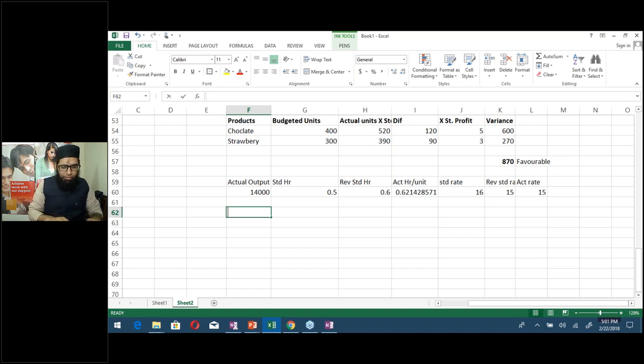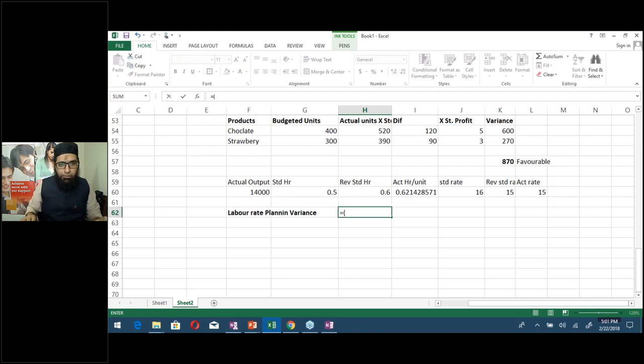Now let's calculate the labor rate planning variance first. So if you rebuild your formula, the labor rate planning variance will be equal to standard rate minus revised standard rate multiplied by the actual hours.